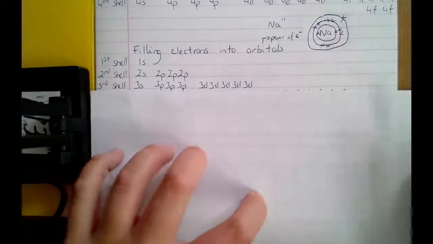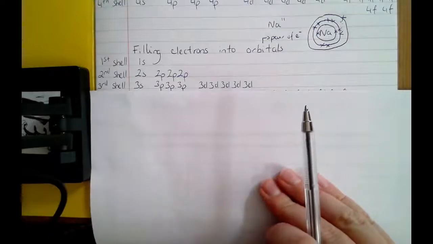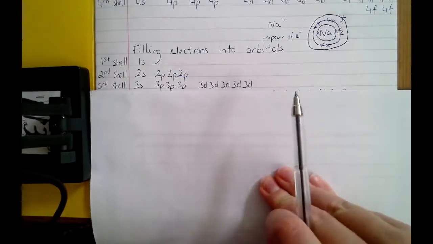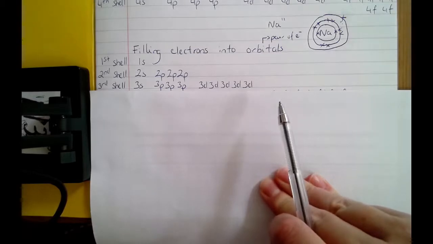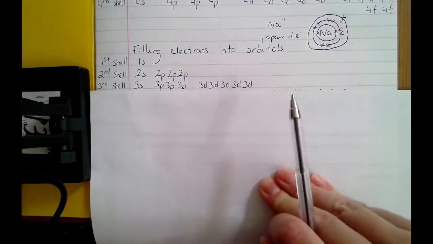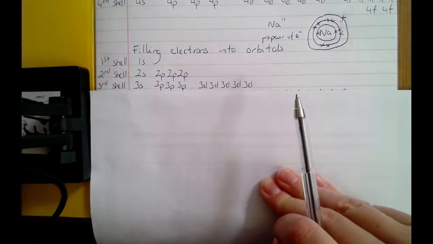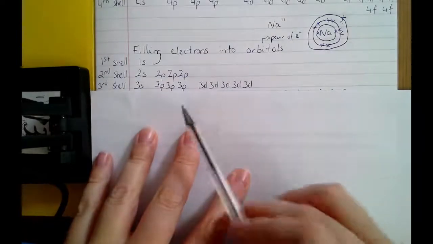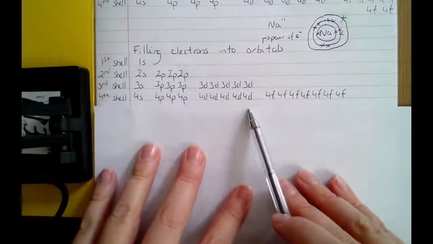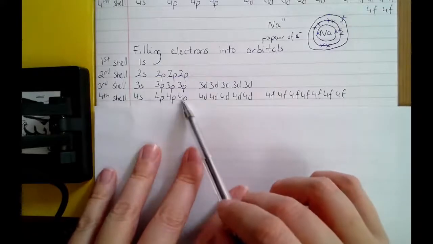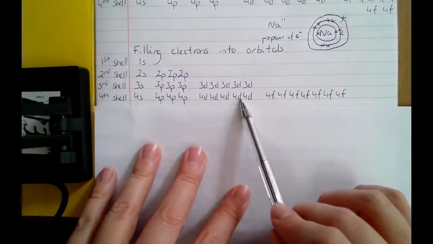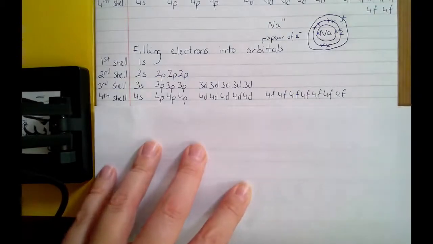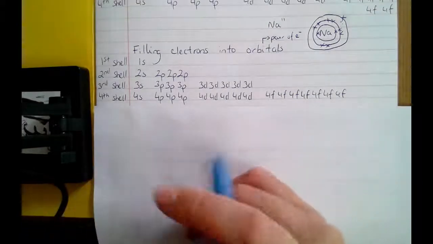The fourth shell is not something we really encountered that much at GCSE, but you need to know at A level that it can hold 32 electrons. If it can hold 32 electrons, then you need to have 16 orbitals, as each orbital can only hold 2. So like the shells above, you've got an s, you've got 3 ps, you've got 5 ds, and you now have 7 f orbitals, each of which holds 2.